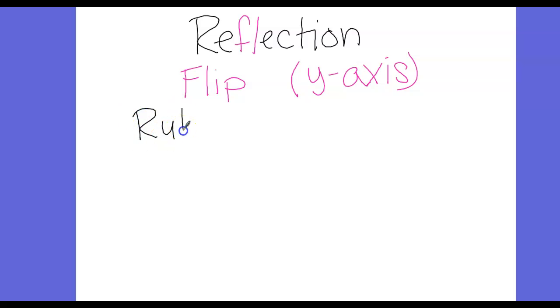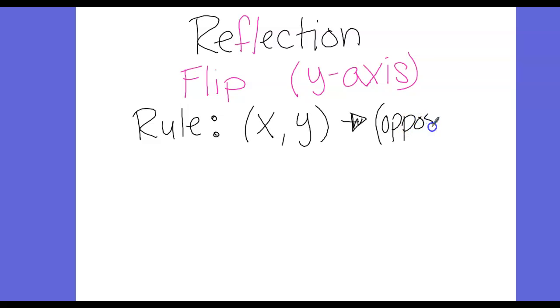So our rule is going to be your x, comma, y will become, when I flip it left and right, which one changes? So it's going to be opposite x, comma, what happens to the y? So same y.